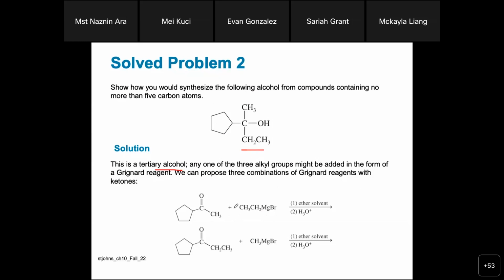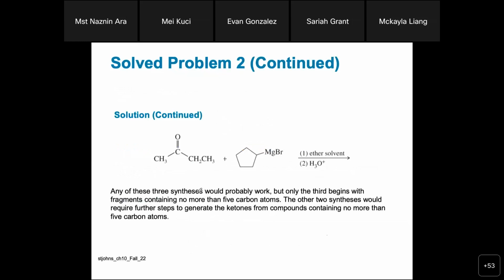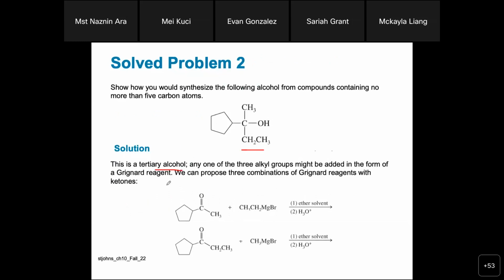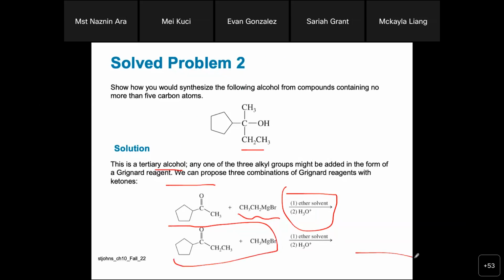Sometimes, as I mentioned before, we give you this part, or we give you these two parts and ask for the product, or we give you everything and just ask for the product.